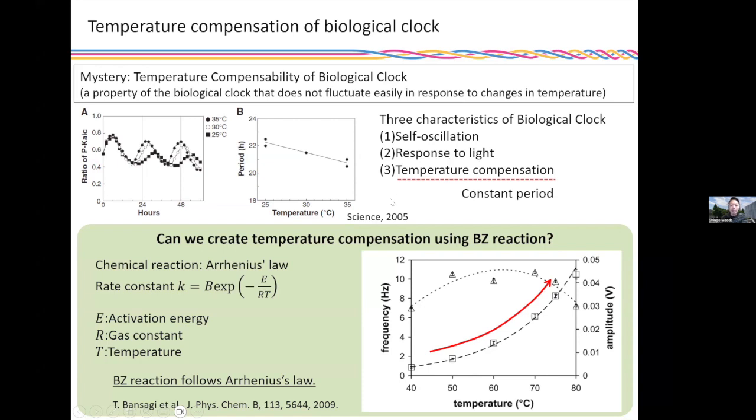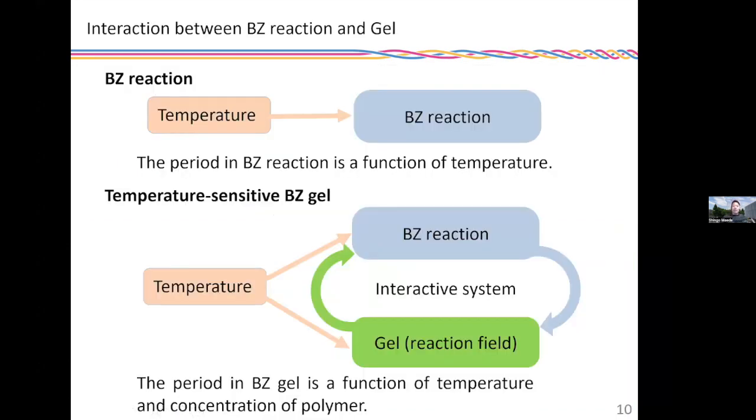So how can we make temperature compensation using BZ reactions? Basically, chemical reactions obey the Arrhenius law, as you know. So when the temperature is high, of course, the frequency of the BZ reaction becomes higher. So in solution systems, we cannot make temperature compensation.